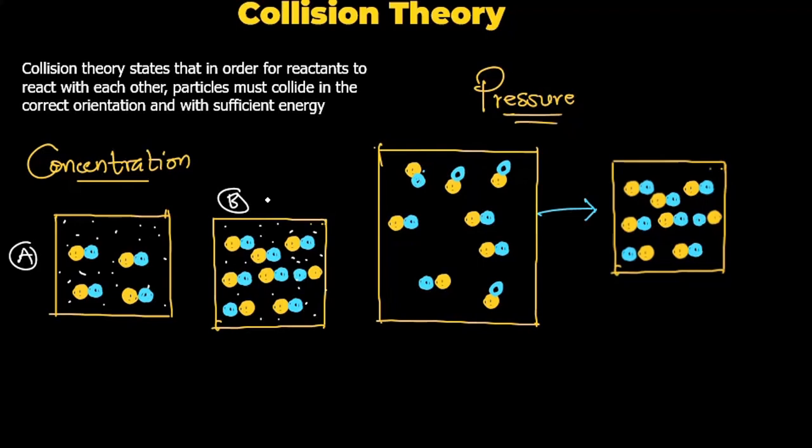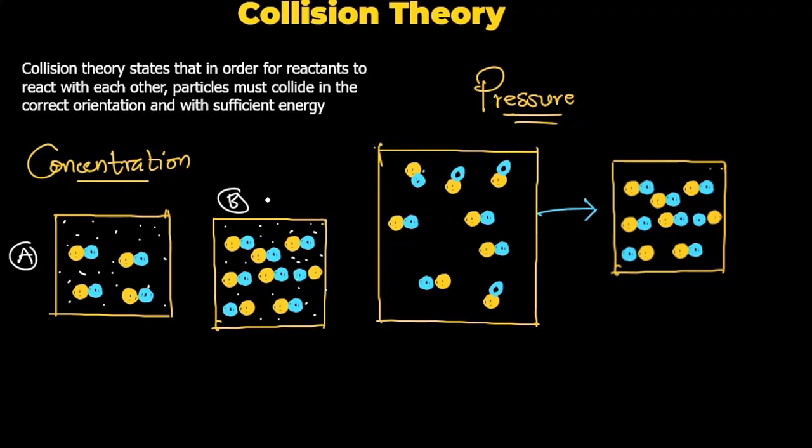So there are going to be collisions, but then we're not going to have frequent collisions, because the concentration of the reactant is very small. Now, if you look at B, you have more of the reactants per unit volume of the solution. That means that the chances of collision is going to be high.